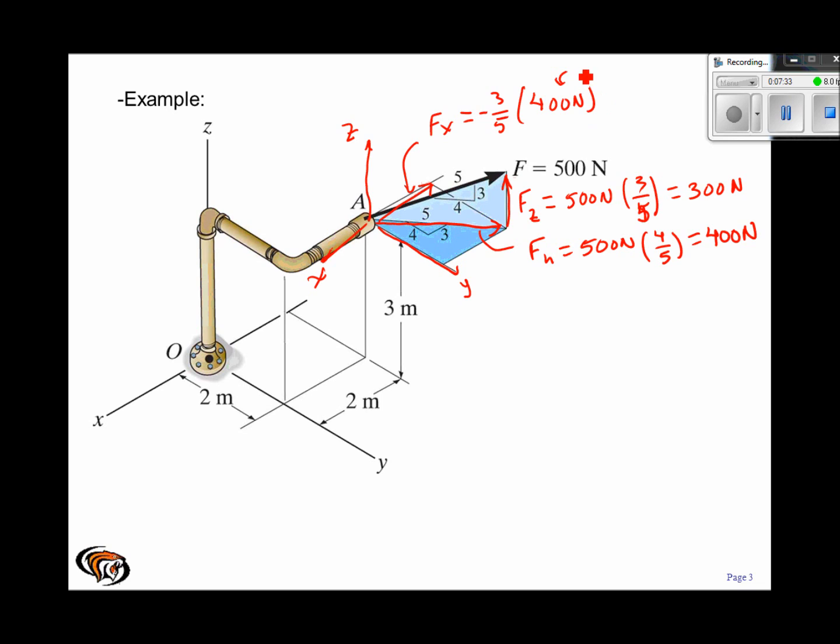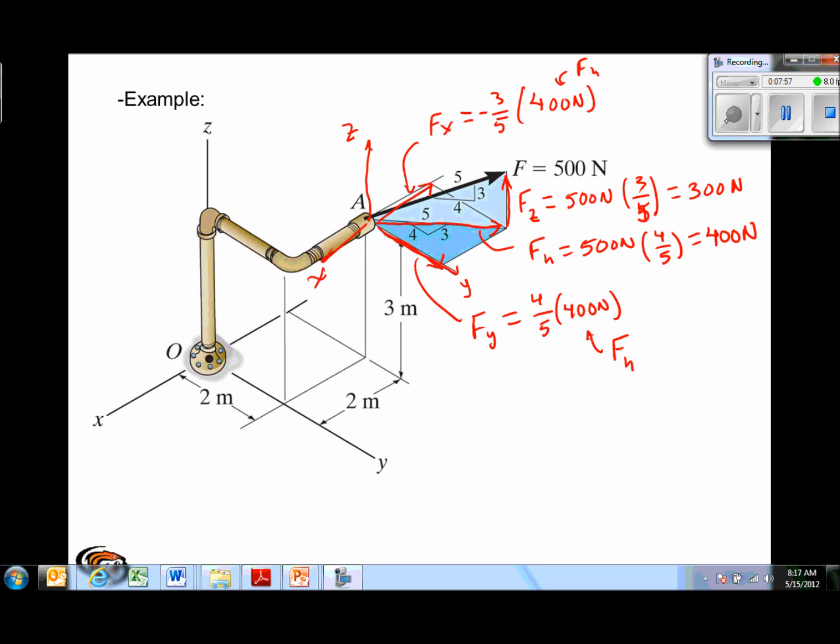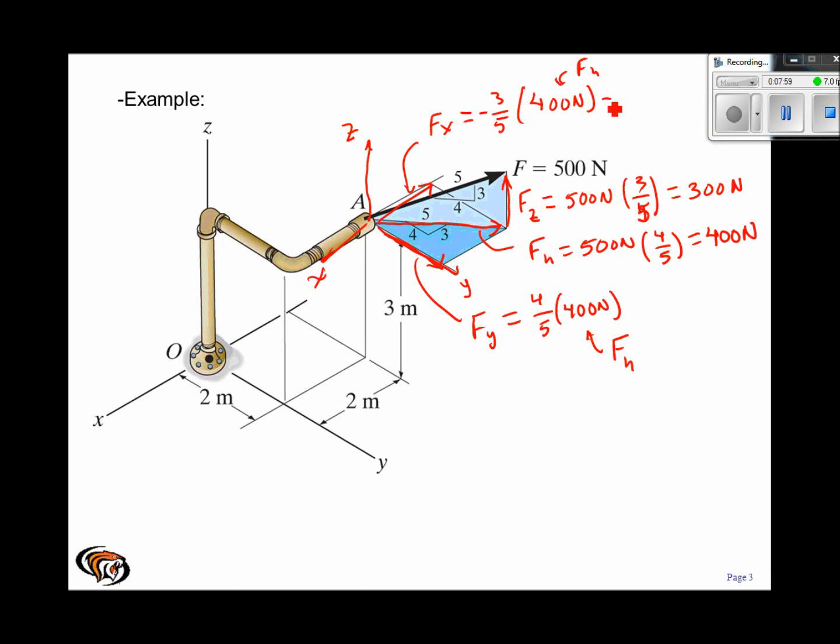So this is F of H. And then the component along the y-axis will be positive, and this is going to be 4/5 times 400 newtons, where the 400 newton force is the horizontal component. So F of X is equal to 240 newtons, and F of Y is equal to 320.